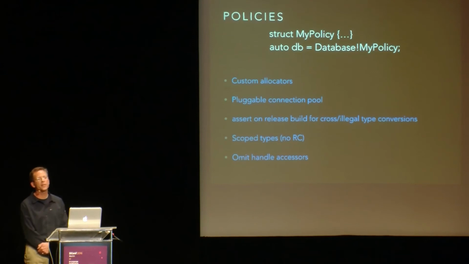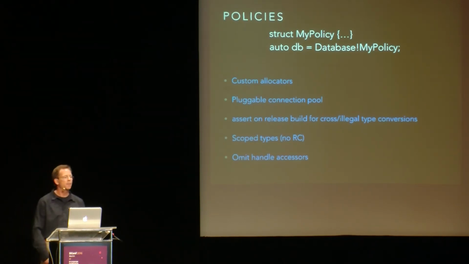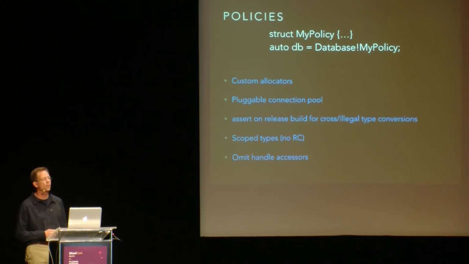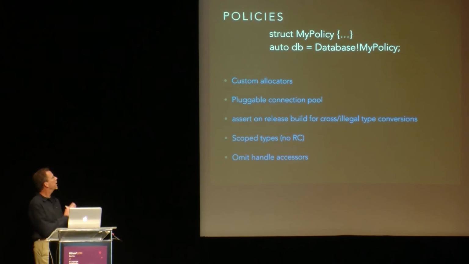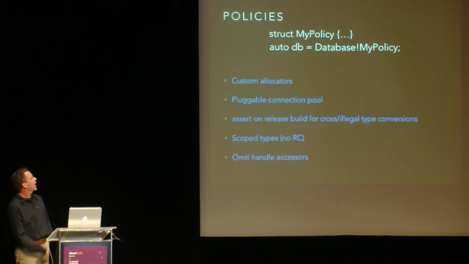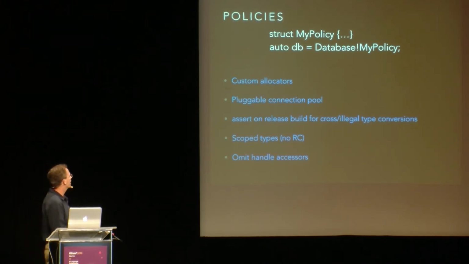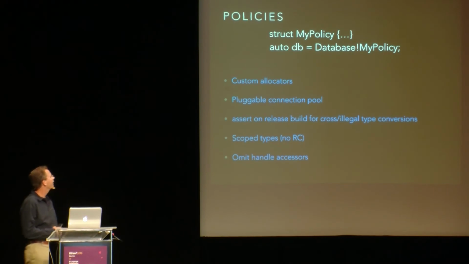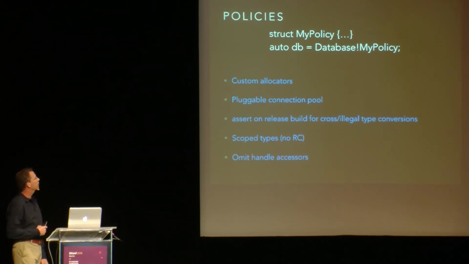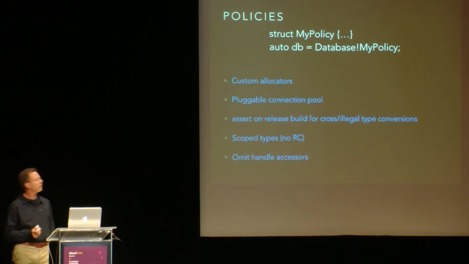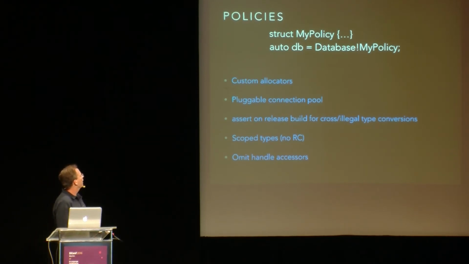So there is a notion of a default policy that is just the defaults for whatever you get. But if you have a particular behavior that you want customized at compile time, you can use this policy and instantiate the database class to get that effect. Some examples of that: you may want to have control over the allocators. You may want to have a pluggable connection pool.